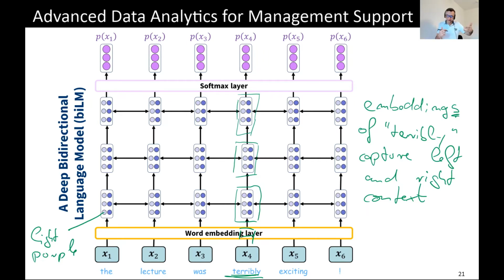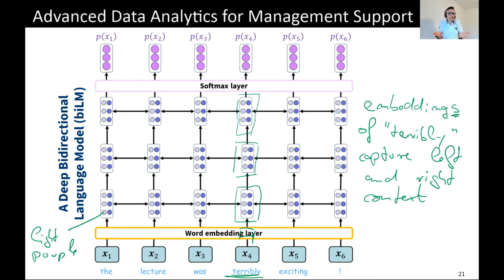Or you could also make the point that we have seen the "was" as a verb, which indicates that now we need a sort of adjective form here. Combining the forward and the backward path, we know that between "was" and "exciting", probably we will find an adjective. So we also have syntactic structure.